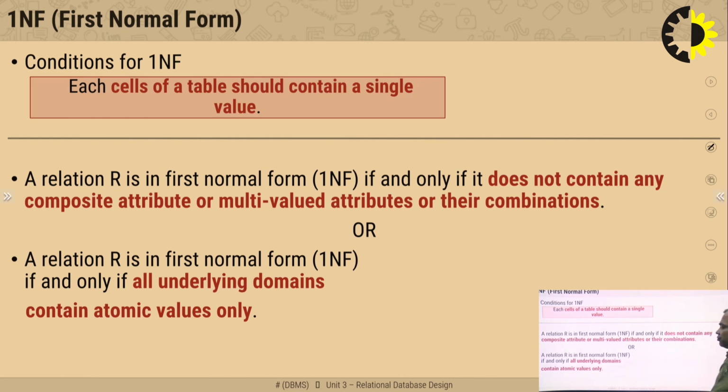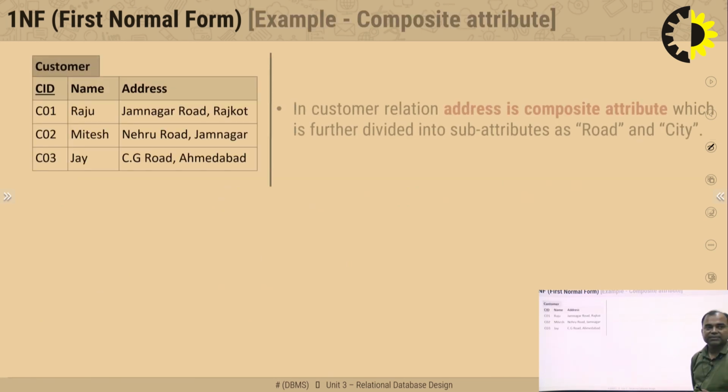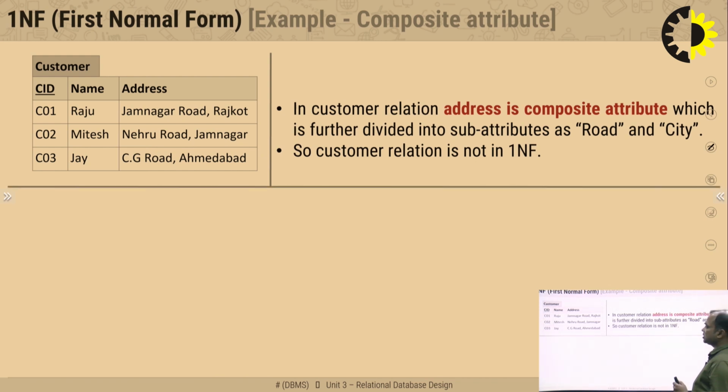In a cell we have only one item. We can understand this with the help of this table. In this table there is a multi-value in a single cell. We have a customer table in which we have customer ID, name and address. Here the customer IDs are C01, C02, C03. This is the name. Then we have the address.